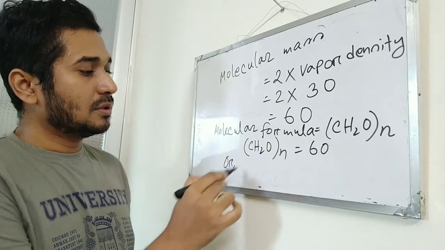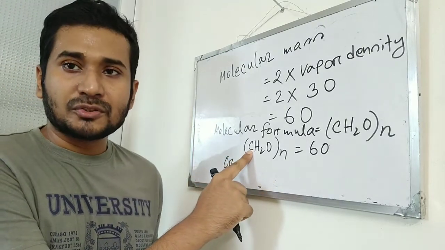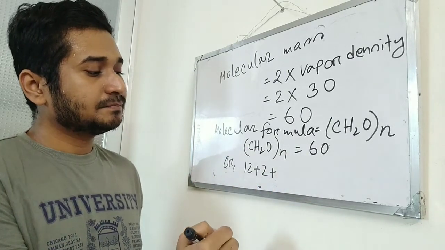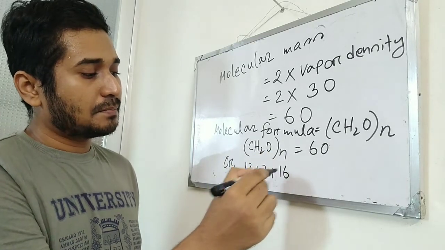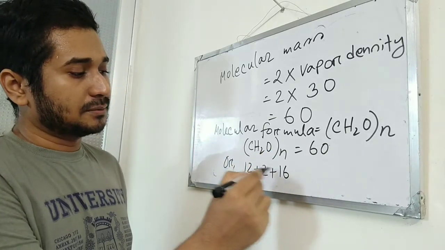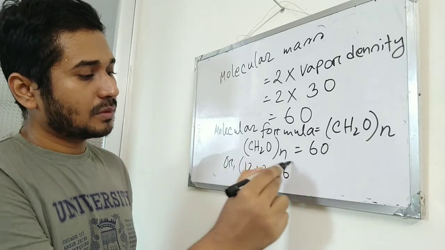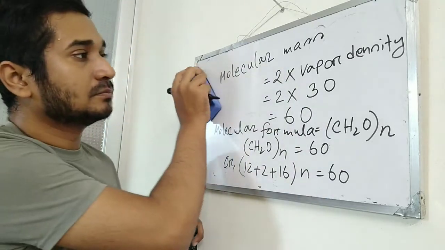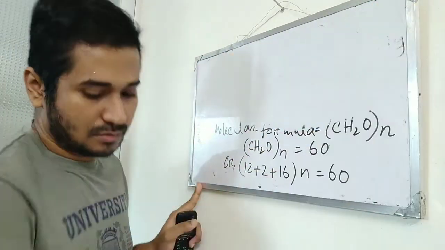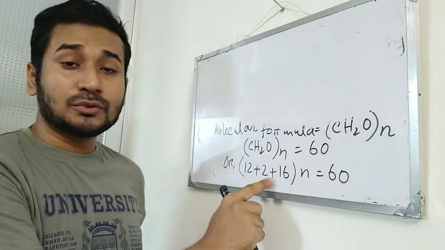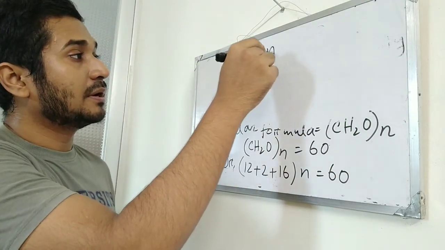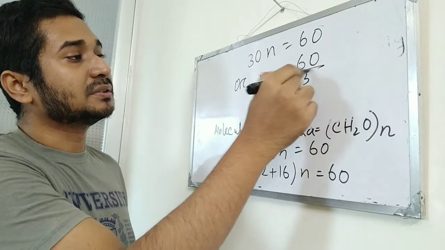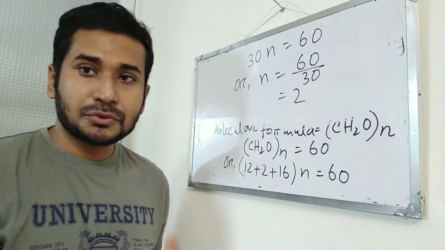See the atomic mass of carbon is 12, hydrogen 2 times 1 is 2, oxygen 16, and here will be n. So 12 plus 2 plus 16, that means 30, times n is equal to 60, or n is equal to 60 divided by 30. You can get 2. n is equal to 2.